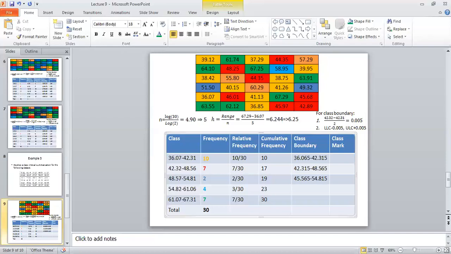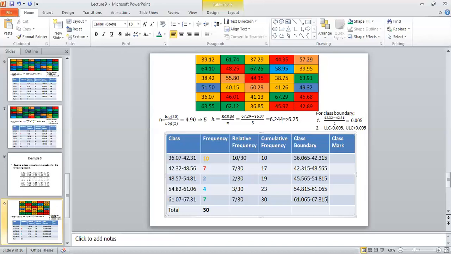Likewise, this goes on: 54.815 to 61.065, and then we have 61.065, the lower class boundary of the last class, to 67.315, as 0.005 is added to 67.31.